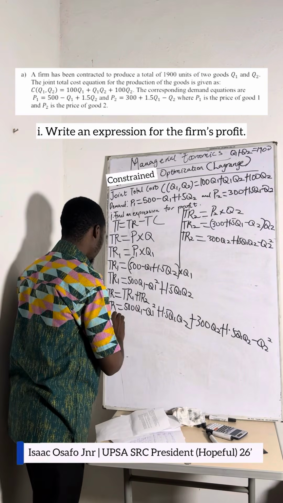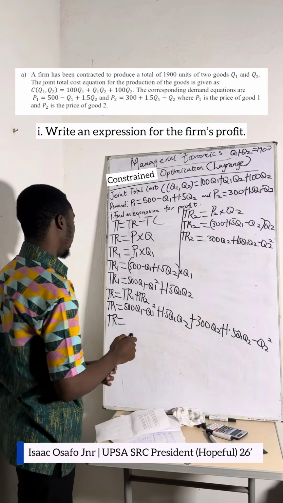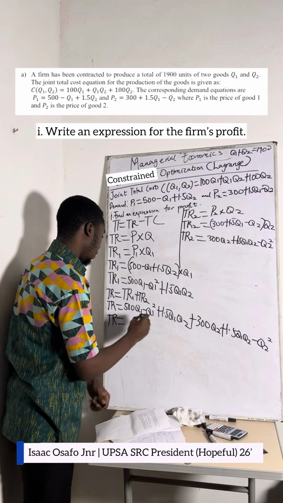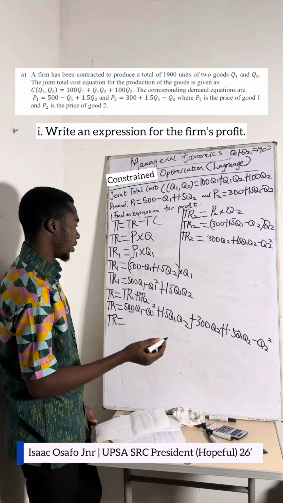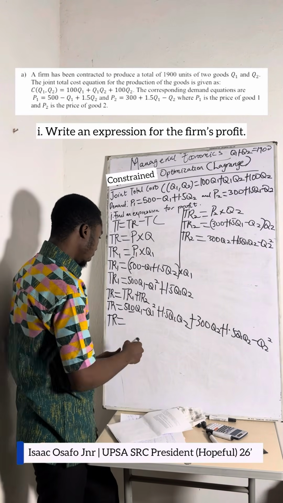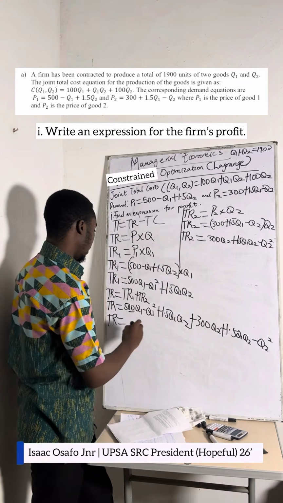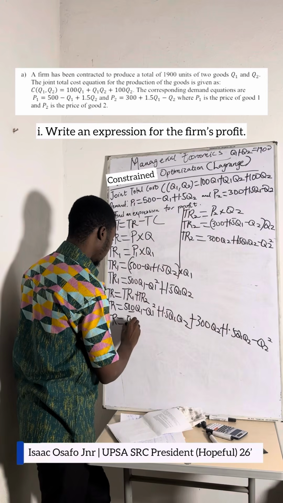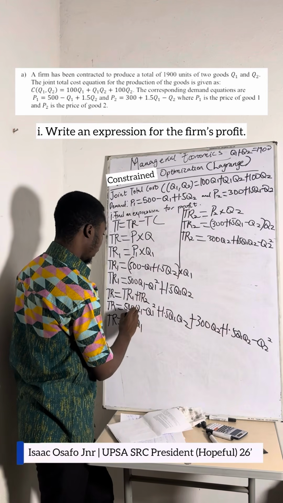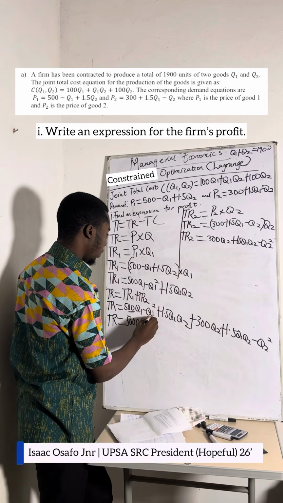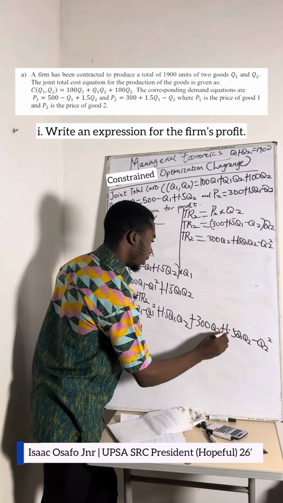So now our final total revenue for both of them would be 500 Q1. Is there any other Q1? Here we're about to group like terms. There's no other Q1, so we maintain our 500 Q1. Then negative Q1 squared. Is there any other Q1 squared?